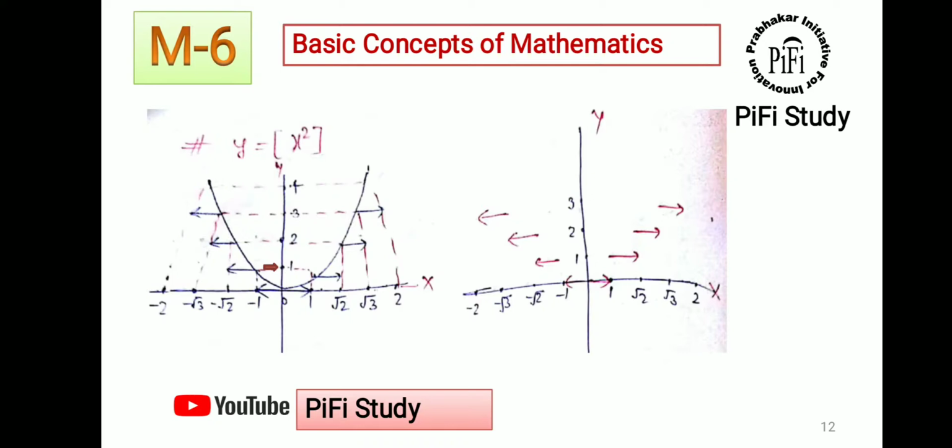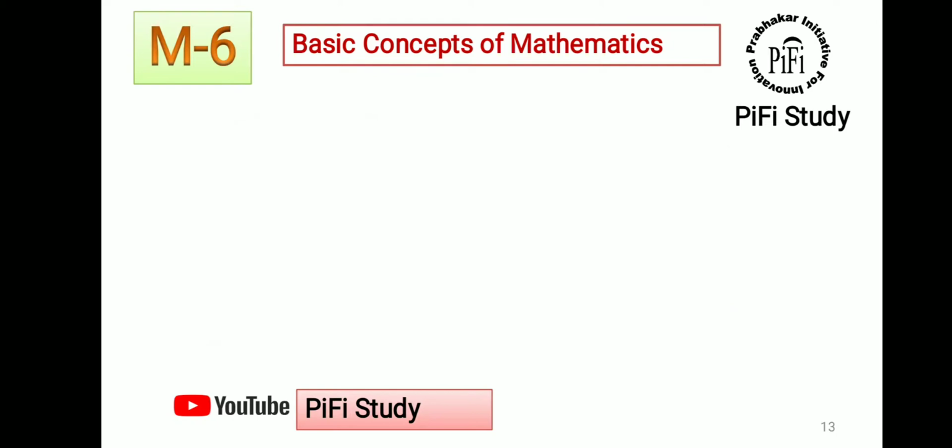So from there just try to draw the straight lines step by step. So if you draw this in this way, then you will get the final plot of y is equal to greatest integer x square.